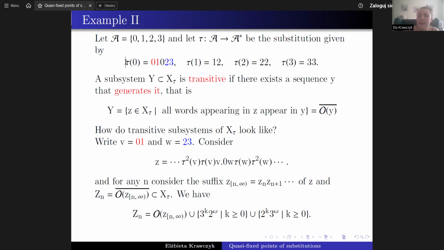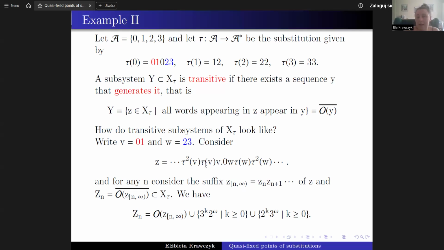Okay, and I can take this word and iterate it under my substitution tau. And if I iterate it and arbitrarily say that my 0 coordinate is here, before 0, I get the following two-sided point Z.